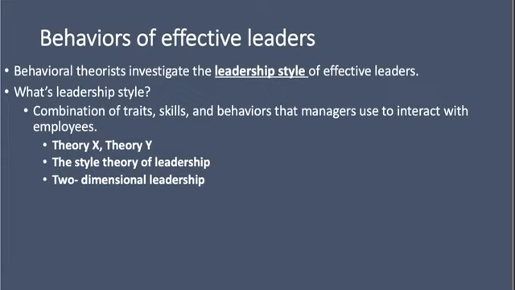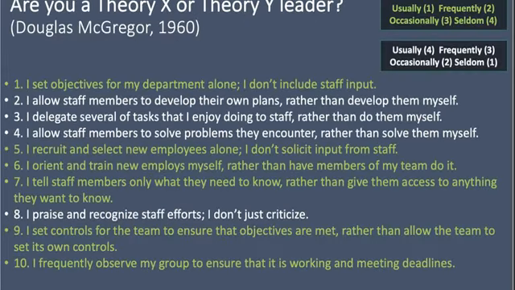First is Theory X and Theory Y. So what are Theory X and Theory Y? Douglas McGregor in 1960 developed a scale to identify whether a leader is closer to Theory X or closer to Theory Y. This scale includes 10 questions.